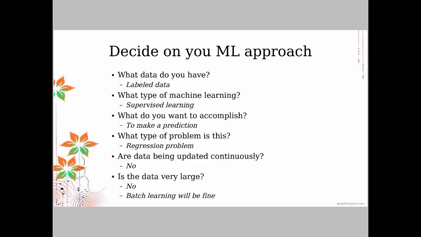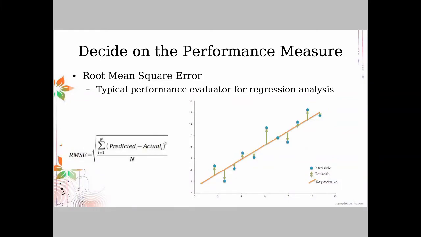Since the data is not updated continuously and it's not large, we can comfortably use batch learning here. If you remember, with batch learning we teach our machine one time, and that's that. So we have a one-time big teaching of the data, since we do not have a large data set and it's not really being updated. So that's our approach for machine learning.